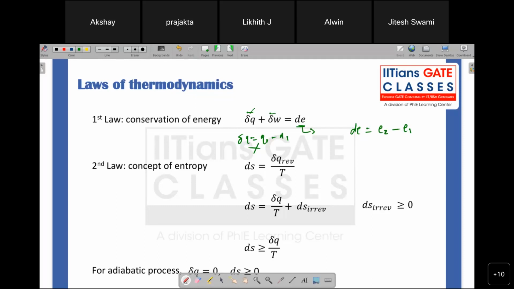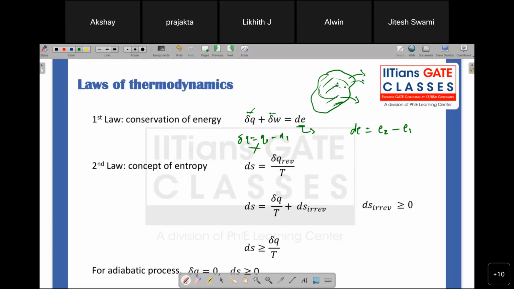So both work and heat are properties where they change across the boundaries. They are not internal. So they occur at the boundary of a system. So if I have a system of my interest, say something is happening over here, work transfer and heat transfer are related to the system boundaries, right?